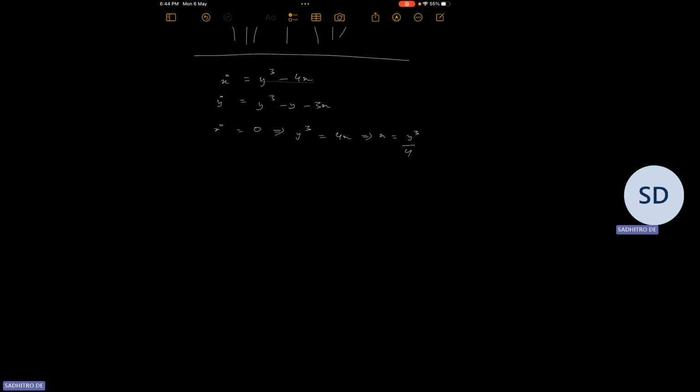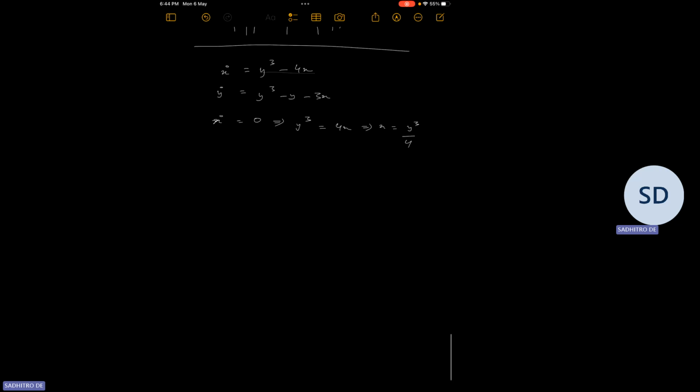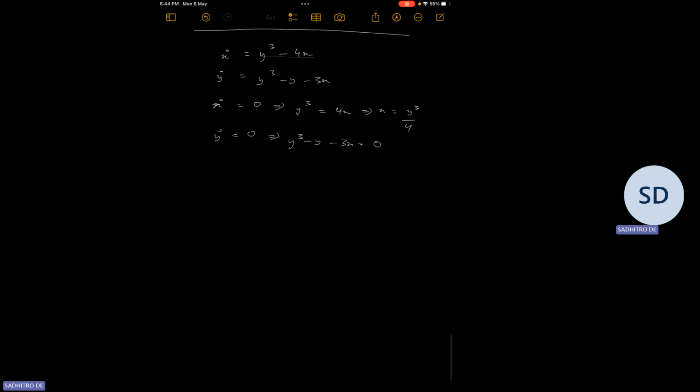So another thing which we observe is that this is the equation of the x plane. So along this line, x dot equal to 0, the flow is completely vertical. Now we substitute the value of x over here.